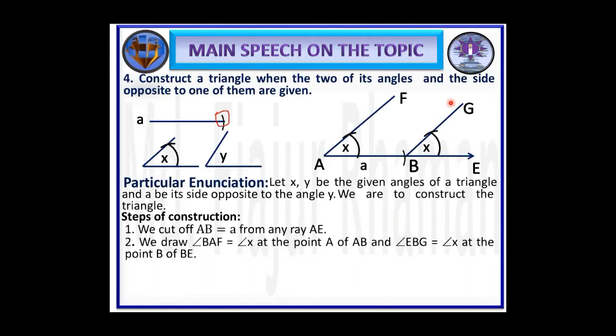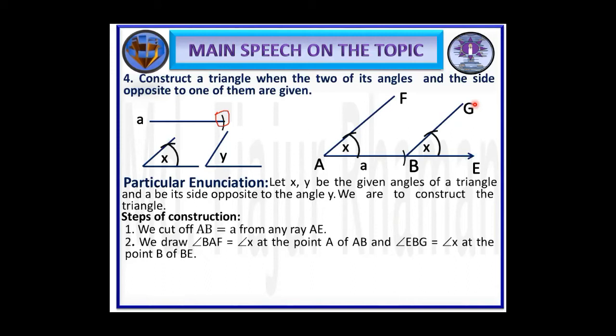Then we draw, the same way, angle GBH equal to angle Y at the point B of BG. See step 3. See the construction again.